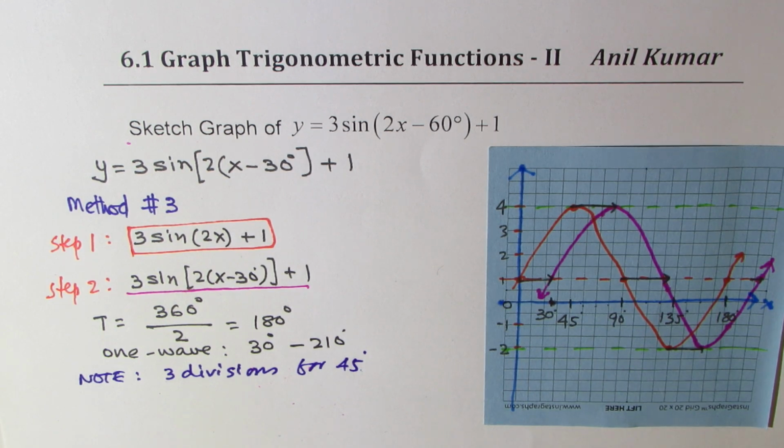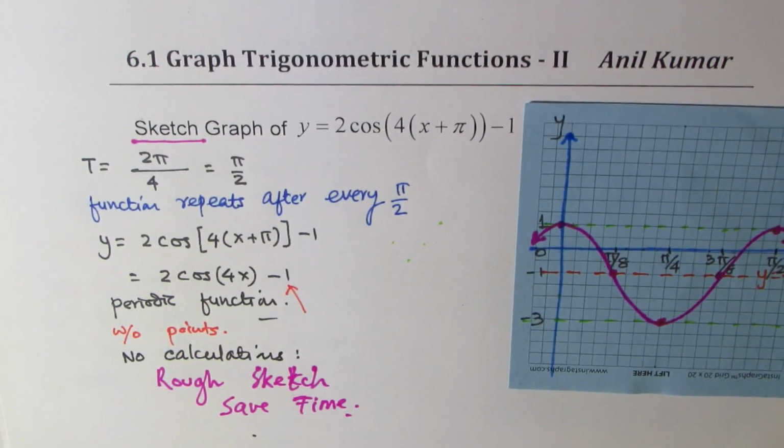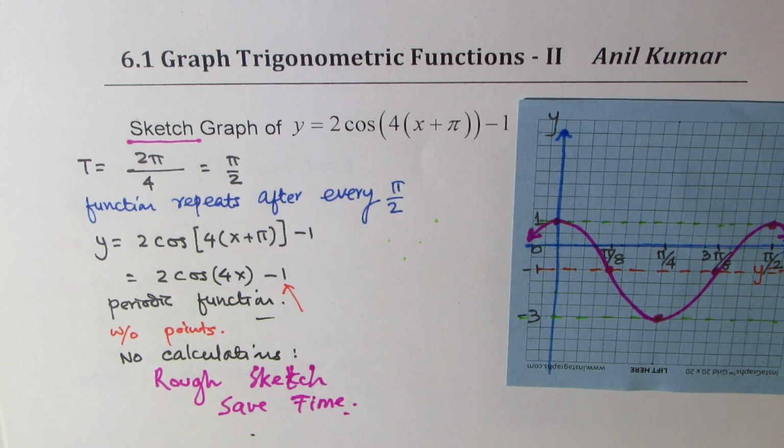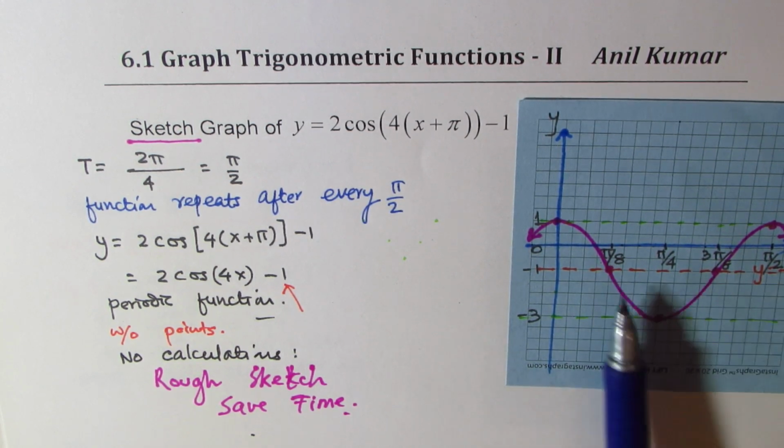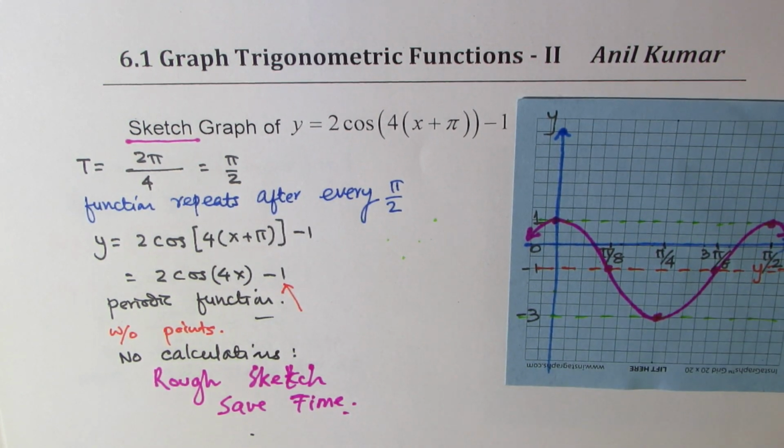Anyway, what we learned in this series are different ways of sketching. Here is the 2-step method, which is, I think, the best way of doing it. Then we have the method using quadrants. 4 divisions represent 4 quadrants. That helps you.